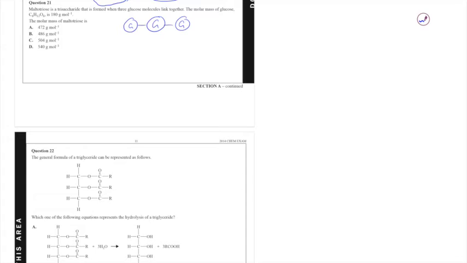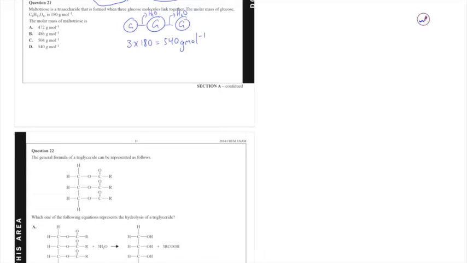Now, one of the ways you might be attempting to solve this question is by thinking that 3 times the 180, because there's 3 glucose monomers, and that would give you 540 grams per mole. However, when these glucose molecules react and link together, each of these little bonds actually spits out a water molecule.